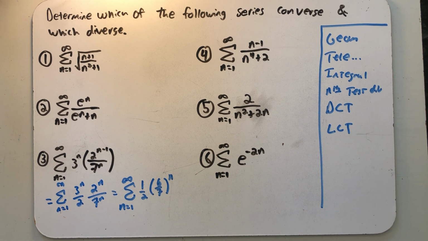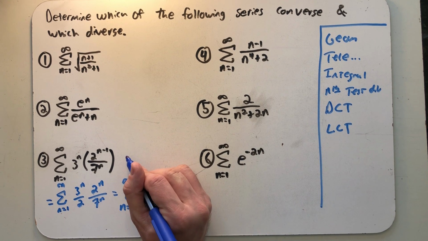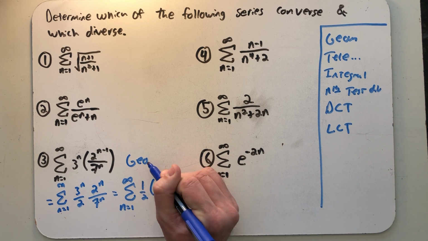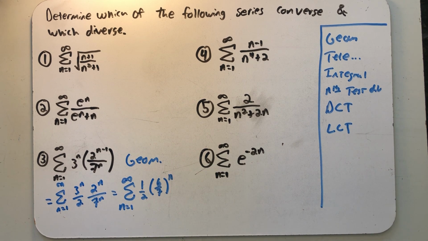Right? I guess I have that 2 on the bottom outside. Now this is really looking geometric. If I think about plugging a 1 in, I can definitely find A, and then R is just going to be 6/7. So eventually we'll work that all the way out, but this is the one I'll use the geometric series ideas to find its actual sum.